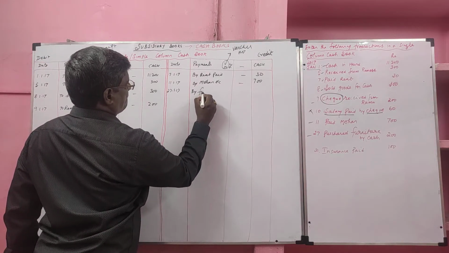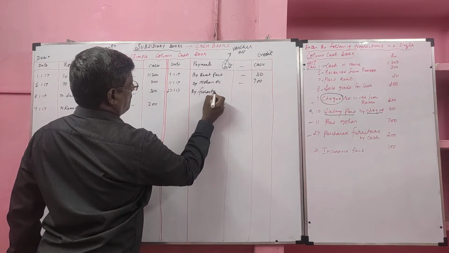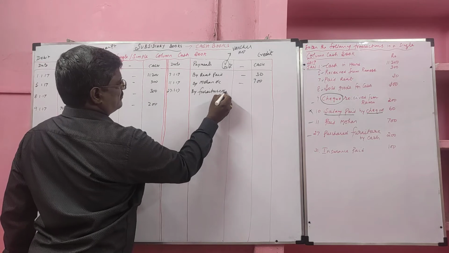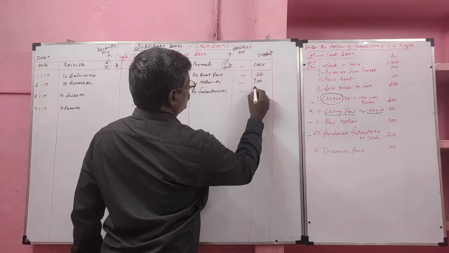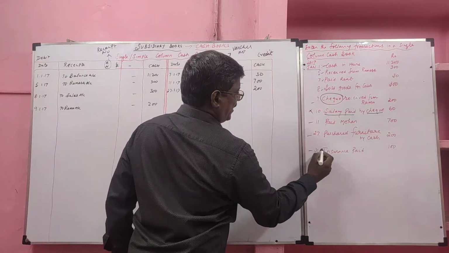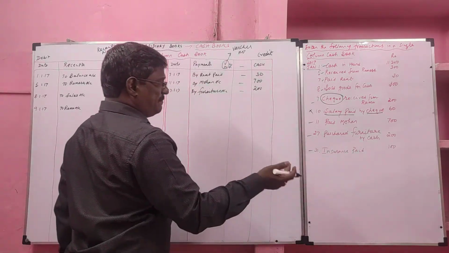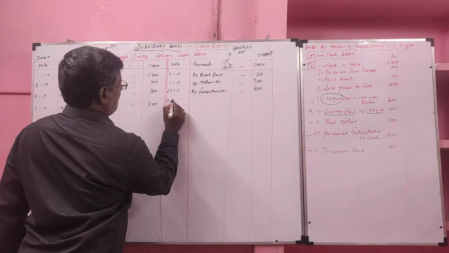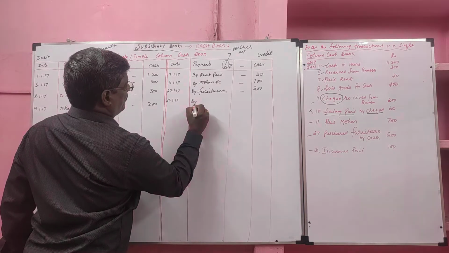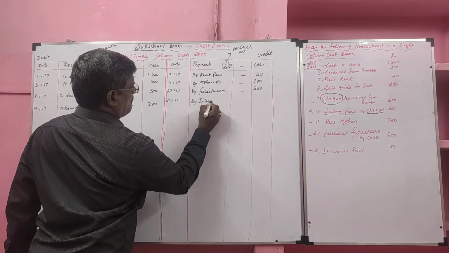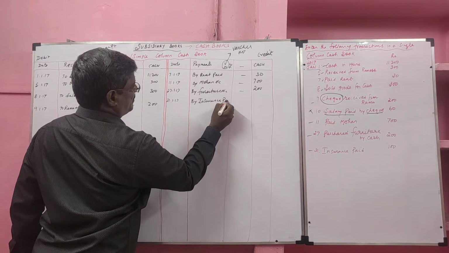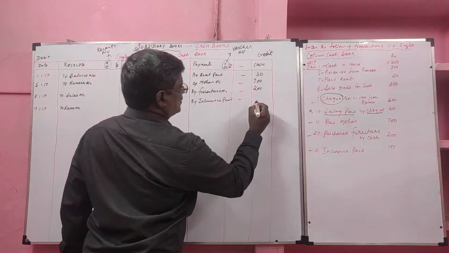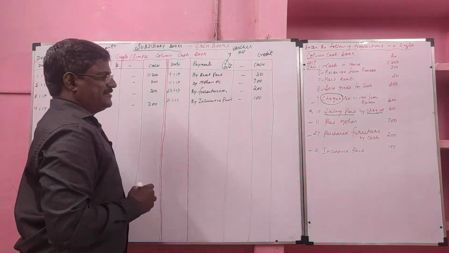By furniture account, how much? 200 rupees. Then insurance paid. It is a payment, recorded on the credit side.